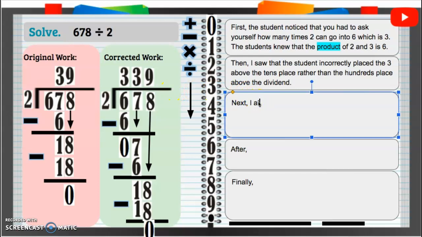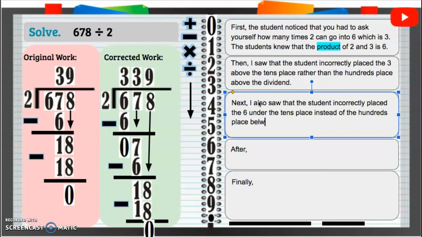Next, I also saw that the student incorrectly placed the 6 under the tens place instead of the hundreds place below the dividend.